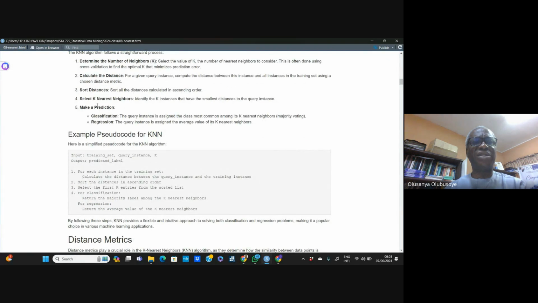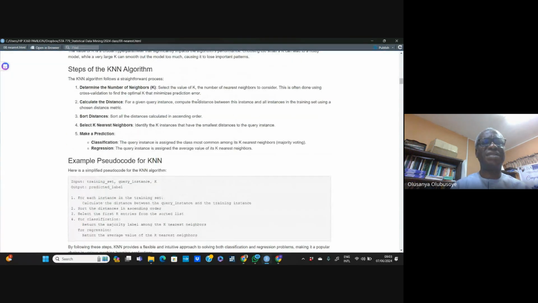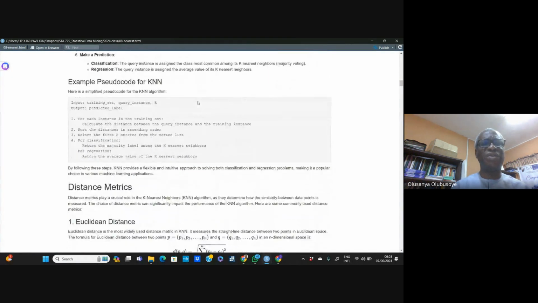And then you can make your prediction. For classification, you will assign to the group that has the most among the K nearest neighbors. For regression, you will assign the average value of its nearest neighbors. So that's the way it works.